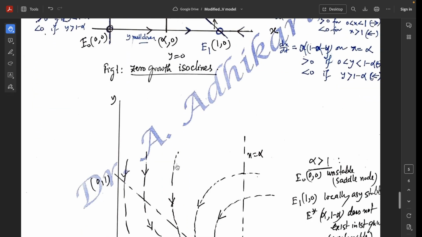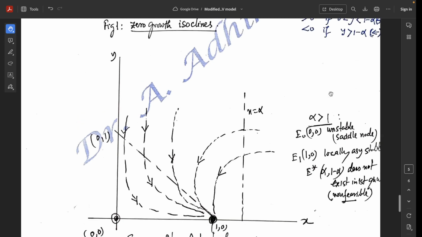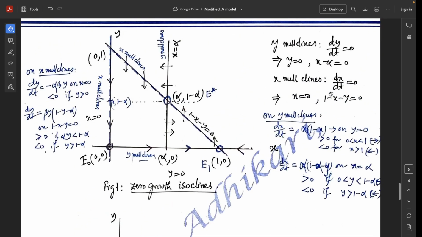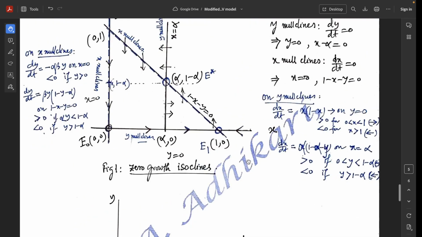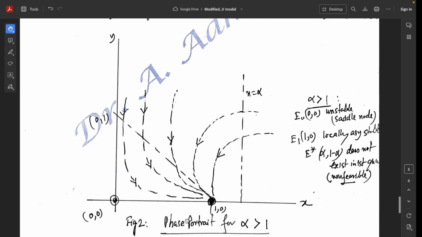Now we study the phase portrait when alpha is greater than 1. When alpha is greater than 1, we draw x equal to alpha greater than 1, beyond this line, and we get only two steady states, (0, 0) and (1, 0).